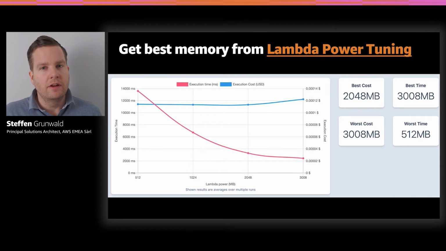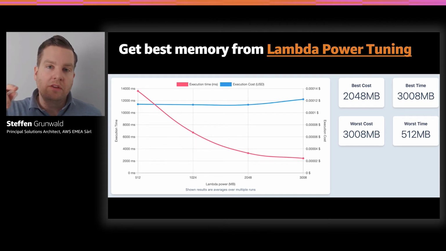This question is answered by the Lambda Power Tuning tool. It's an application written by a colleague of mine, and it's also available in the Serverless Application Repository. What it does is it executes your function with different memory configurations, and it tracks the execution duration for each configuration and indicates what was the best configuration regarding the execution time and what was the best configuration regarding the cost.